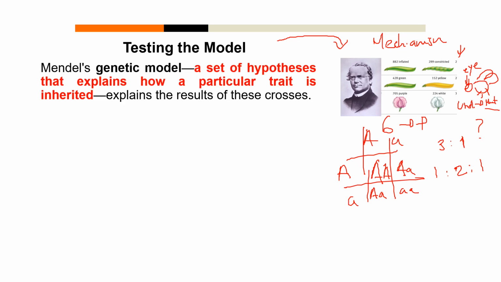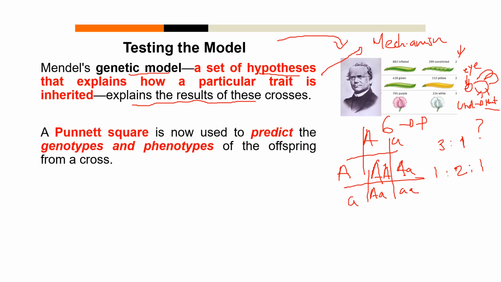So remember, Mendel created this fantastic model that was used by many scientists for many years. However, it only had hypotheses, and we needed to explain those results and find the mechanism.